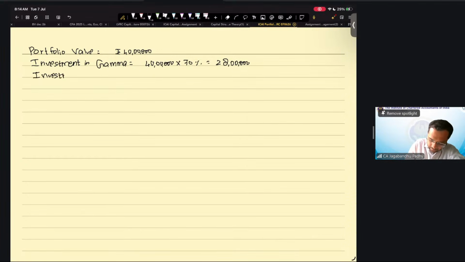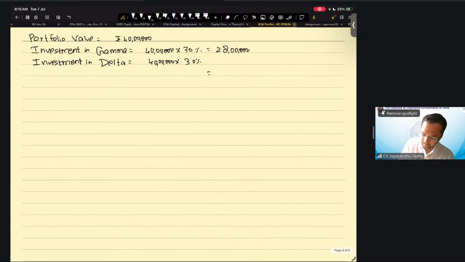And then we have investment in Delta, which is 40 lakhs into 30%. That's equal to 12 lakh.